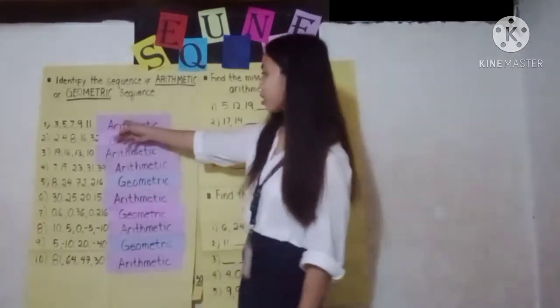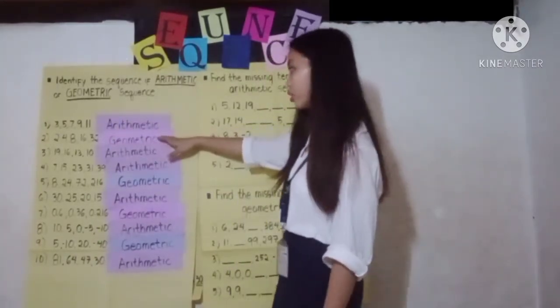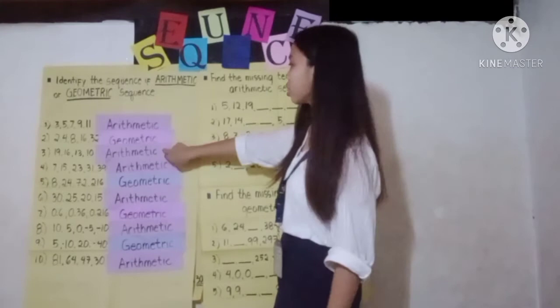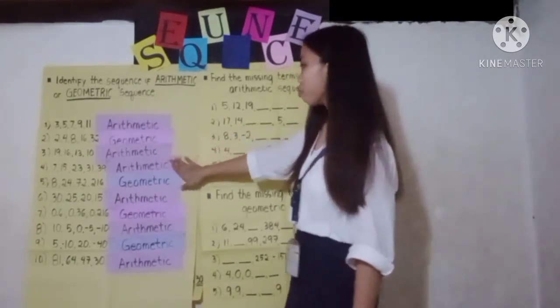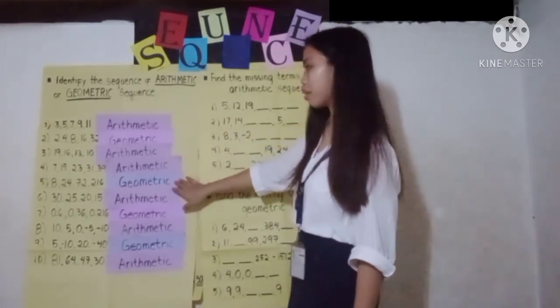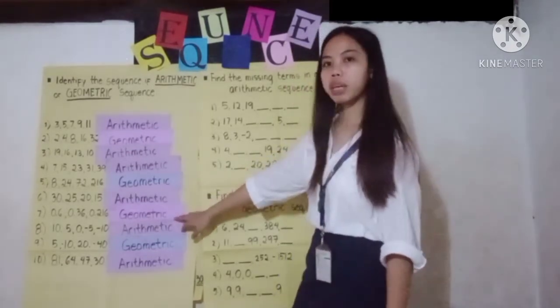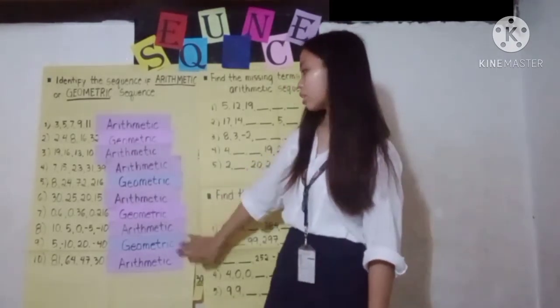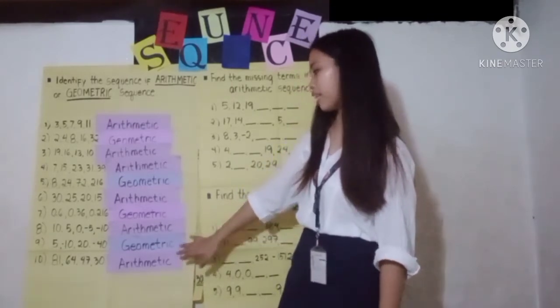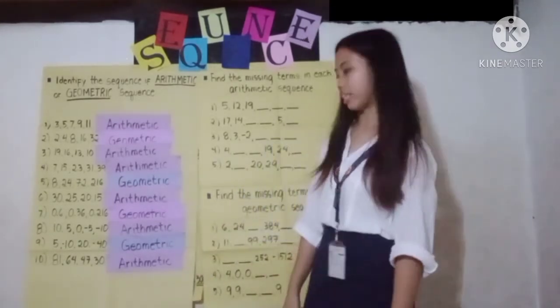So number 1 is arithmetic. Number 2 is geometric. Number 3 is arithmetic. Number 4, arithmetic. Number 5, geometric. Number 6, arithmetic. Number 7, geometric. Number 8, arithmetic. Number 9, geometric. And number 10, arithmetic.